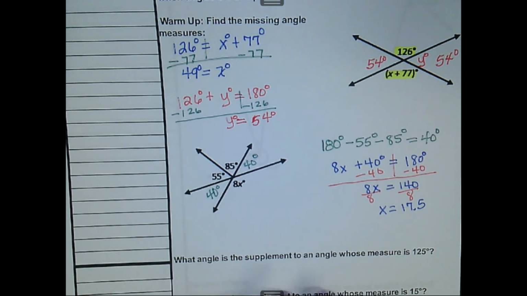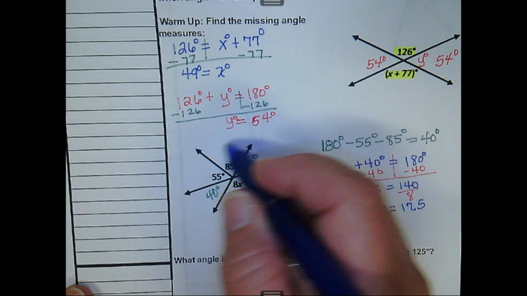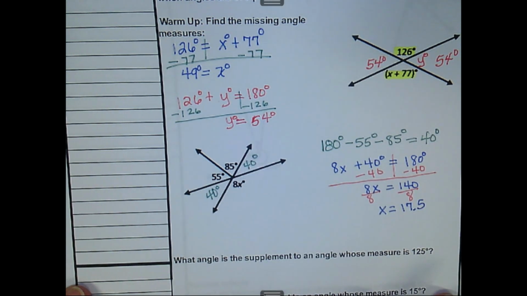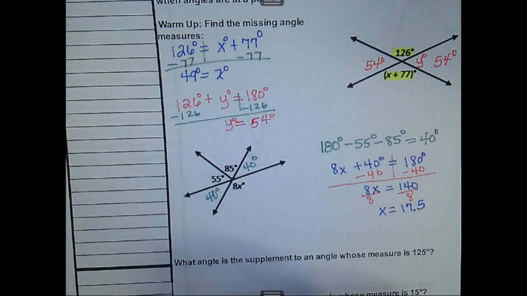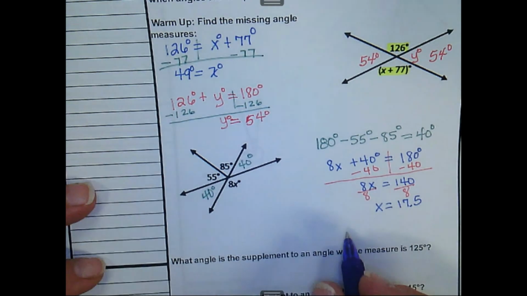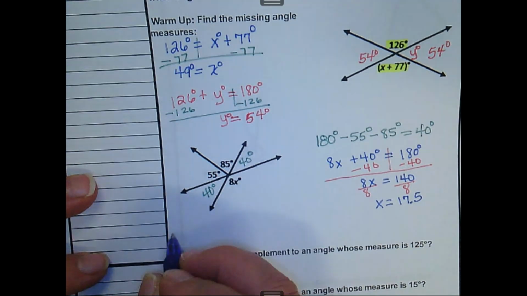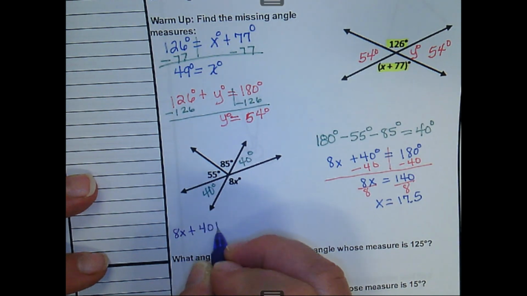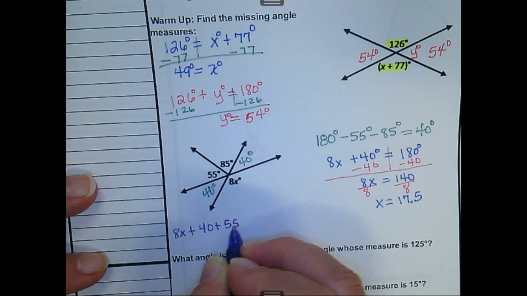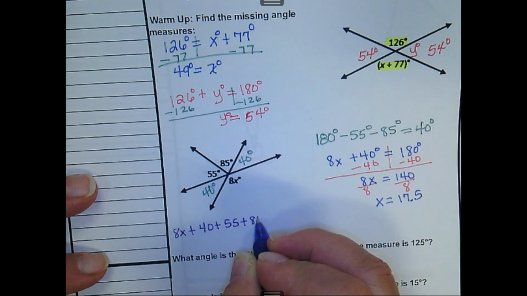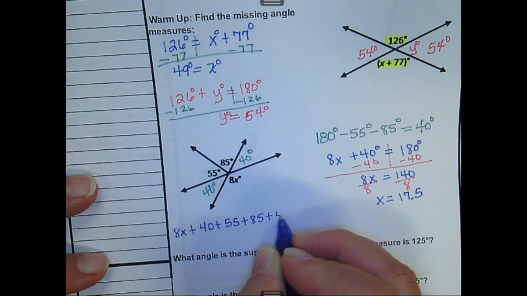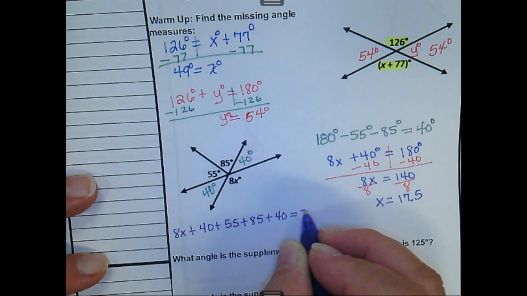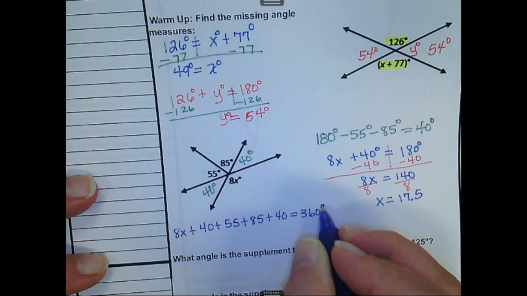How many of you saw the whole circle? The whole circle would be how many degrees? That would be 360 degrees. So I know that 8x plus 40 plus 55 plus 85 plus 40 again is equal to 360 degrees.